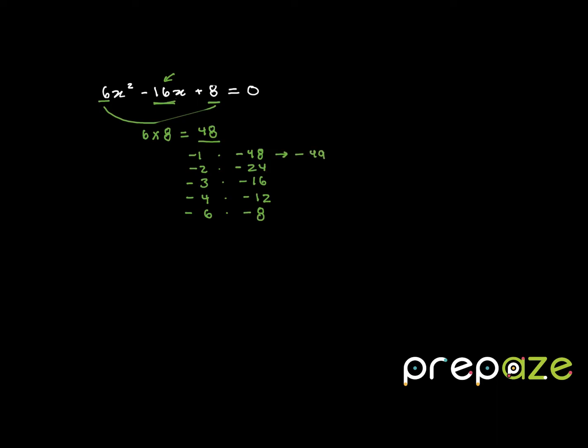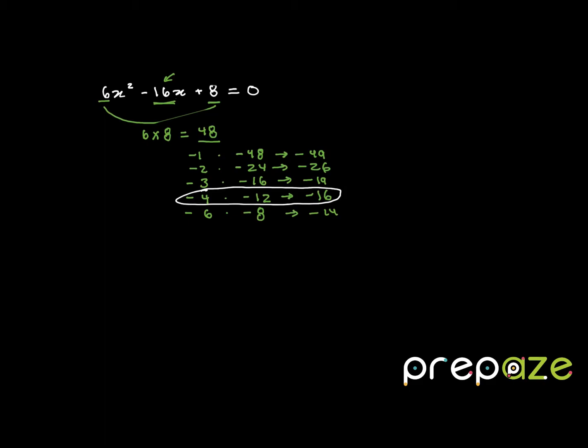Negative 2 plus negative 24 is going to give me negative 26. Negative 3 plus negative 16 is going to equal negative 19. Negative 4 plus negative 12 is going to give me negative 16. And just to show you, negative 6 plus negative 8 is equal to negative 14, but we already found our answer right over here, because these two factors, when multiplied, equal 48, and when added, equal negative 16.